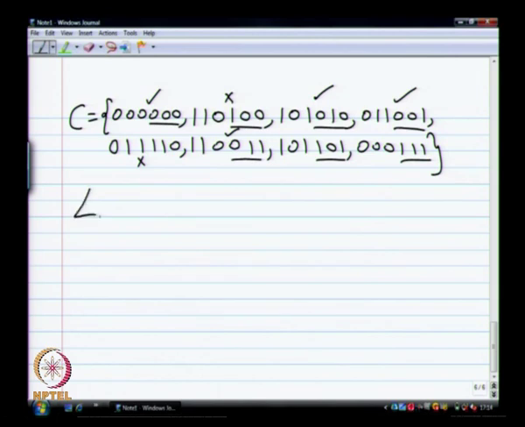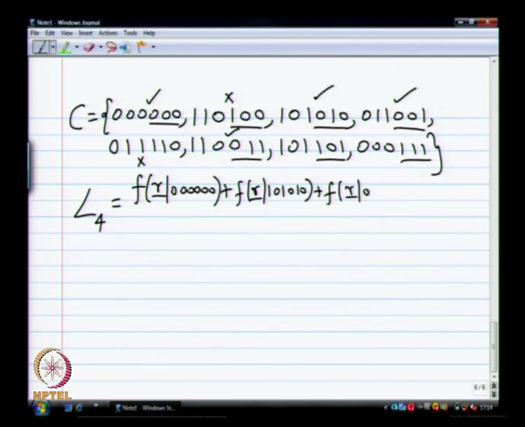So L4 then becomes, let me write this down: f of r given 0 0 0 0 0 0, plus f of r given 1 0 1 0 1 0, plus f of r given 0 1 1 0 0 1, plus f of r given 1 1 0 0 1 1. So that's the numerator.